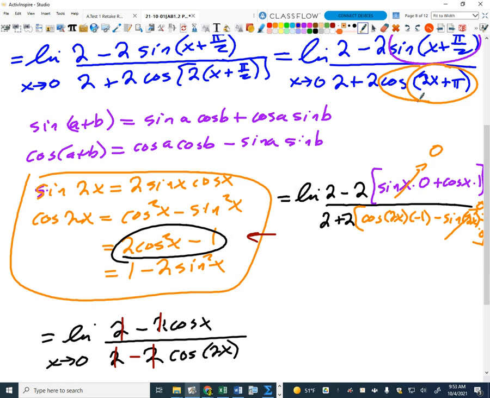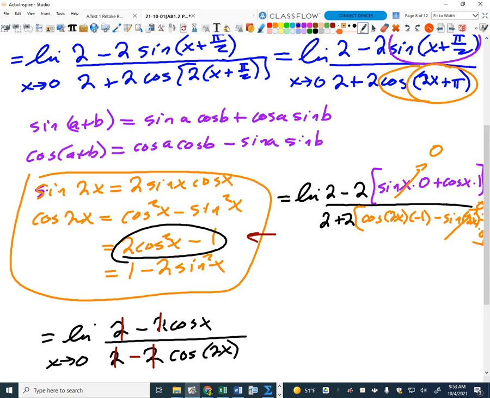On the bottom, we end up getting cosine of 2x times cosine of pi, which is -1, minus sine of 2x times sine of pi, which is 0.